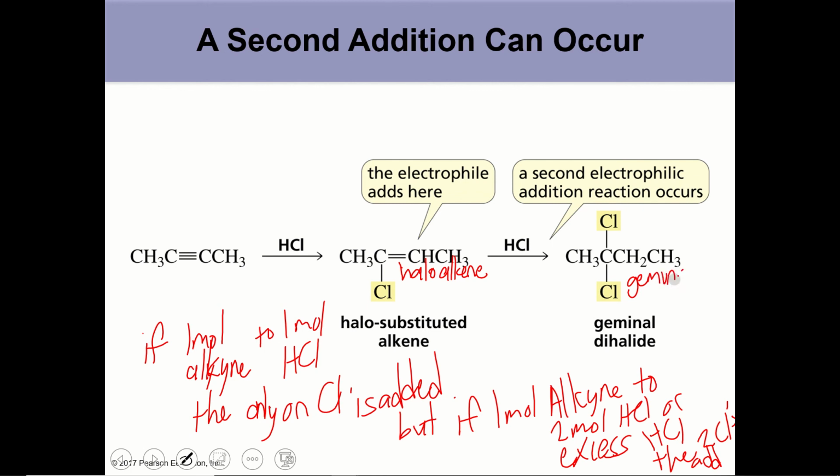And I told you before what geminal meant. Geminal dihaloalkane. Okay, and what geminal means is that both of the halogens are on the same carbon.